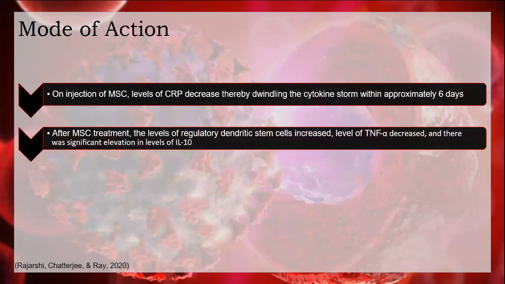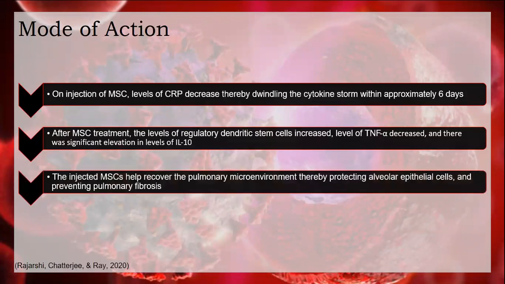After the treatment of mesenchymal stem cells has been done, the levels of regulatory dendritic cells drastically increase and the levels of TNF alpha decrease. They have also observed significant elevation of the levels of IL-10. All these factors have helped fight the cytokine storm that has been induced by the SARS-CoV-2 virus.